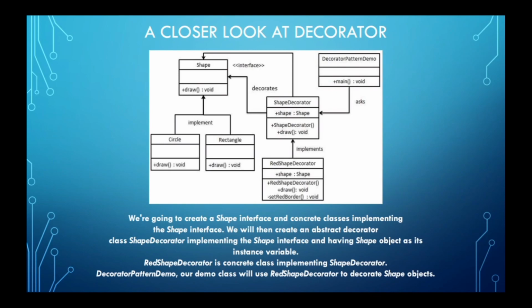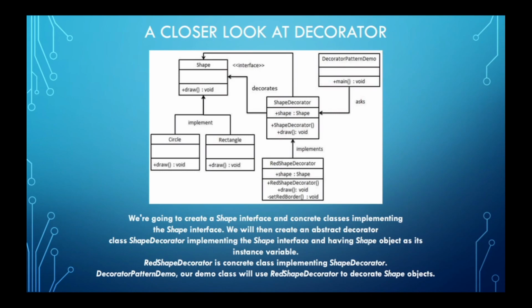We then create an abstract decorator class, shape decorator, implementing the shape interface and having a shape object as its instance variable. Red shape decorator is the concrete class implementing shape decorator, and the decorator pattern demo class will use red shape decorator to decorate shape objects.